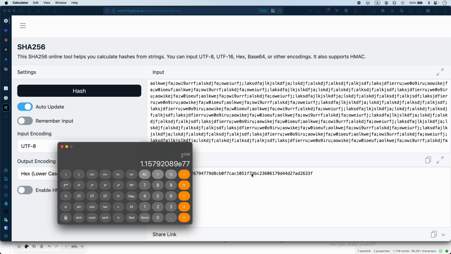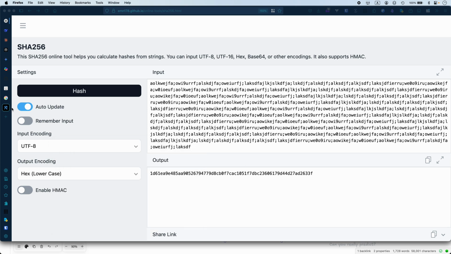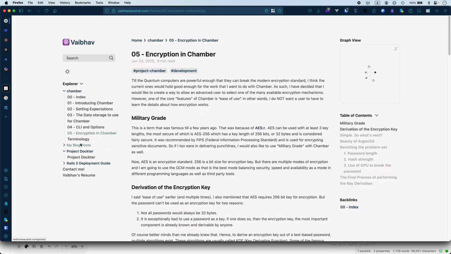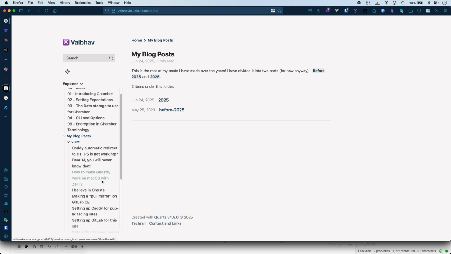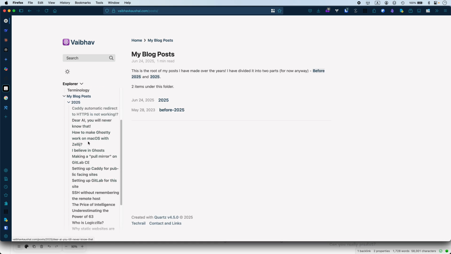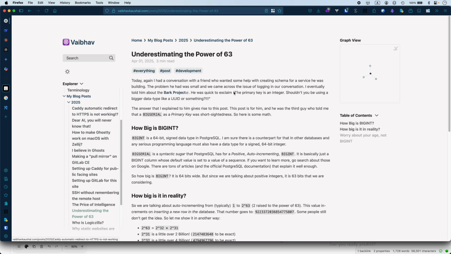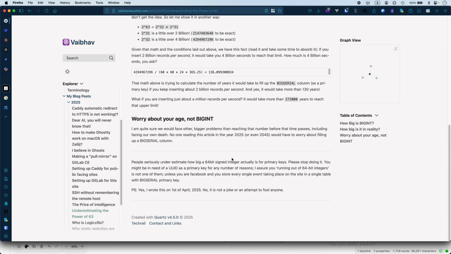These algorithms are quite sophisticated. To get a hash collision accidentally is very unlikely. You are dealing with a number that is 77 digits long. Maybe you should go and look at this, the power of 63, to understand how big that number is.